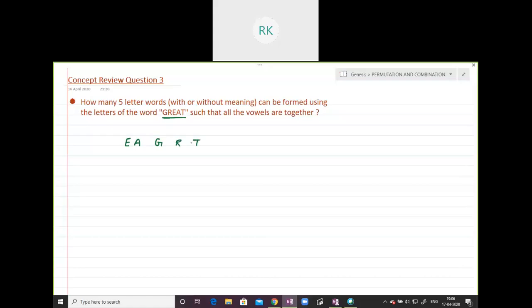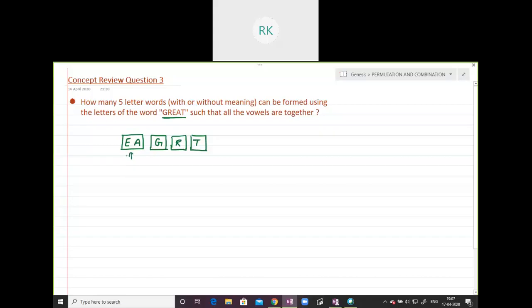So vowels are together means, can I say that if the vowels are together, I will keep all the vowels at one place. Let's say I will keep them inside one box, right? So I will keep these consonants in separate boxes. Why is that, friends? Remember, I am keeping this because now I will arrange the boxes. If I arrange the boxes, the vowel box, the bigger box, will go anywhere together.